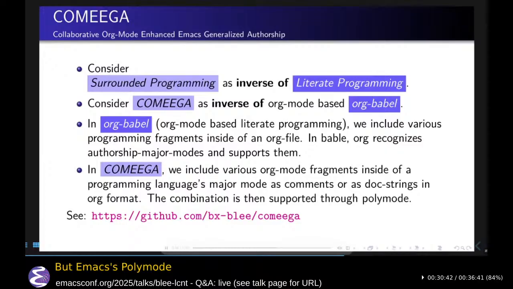But Emacs's polymode is work in progress, particularly now with the new tree-sitter. So in the interim, my usage of COMEGA has been in the form of toggle-COMEGA, where I manually switch between the programming mode and org mode. For me, this has proved to be a fine interim solution.